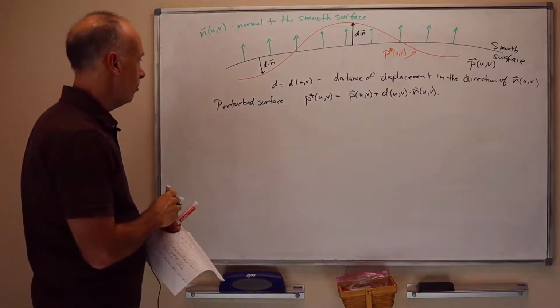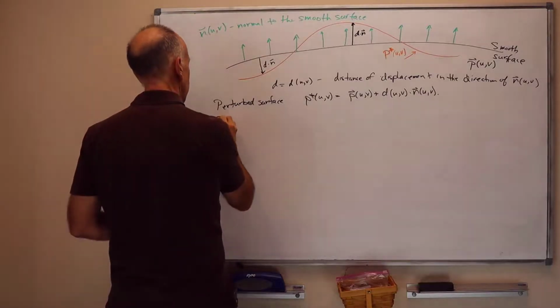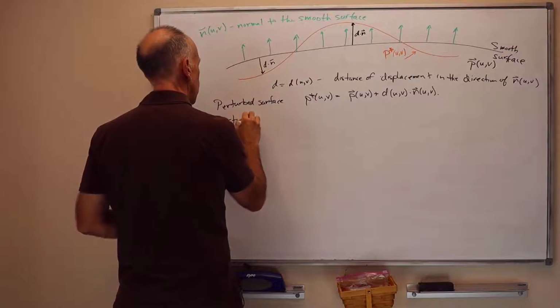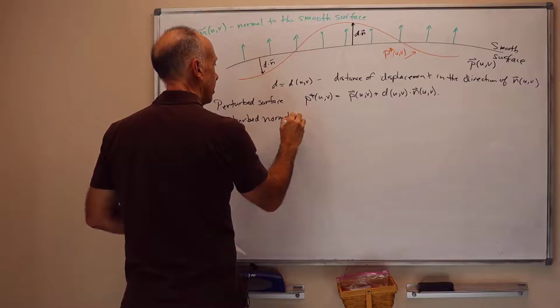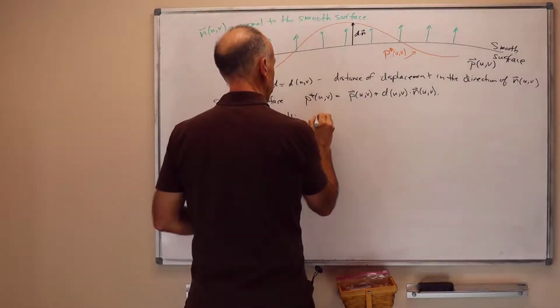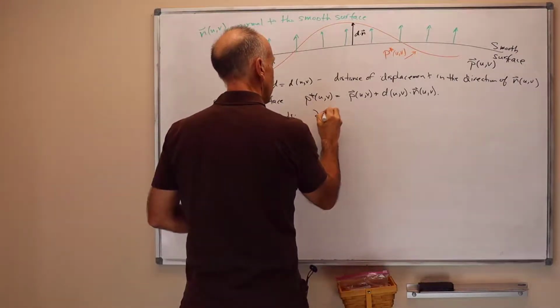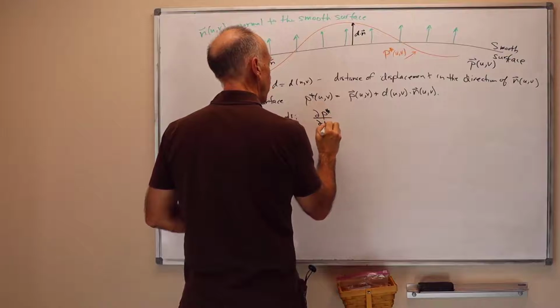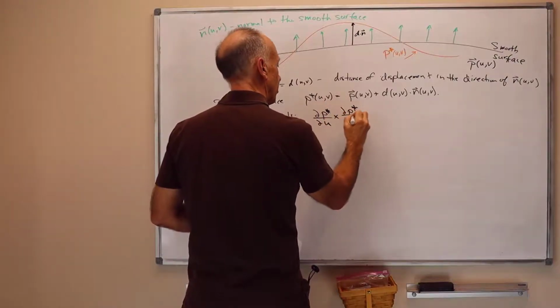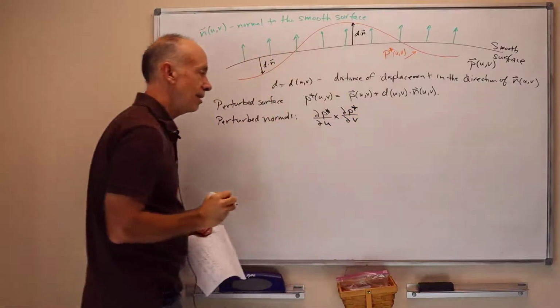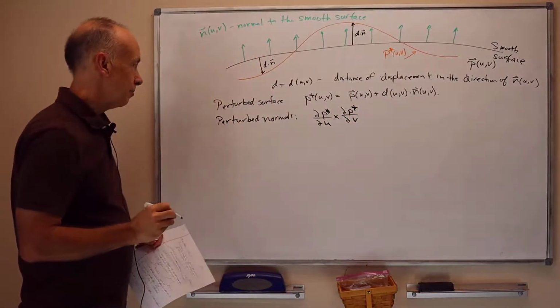So our perturbed normals, the things I drew in red last time, are going to be in the direction of the partial of P star with respect to u, cross the partial of P star with respect to v, because that's how we can compute normal directions.